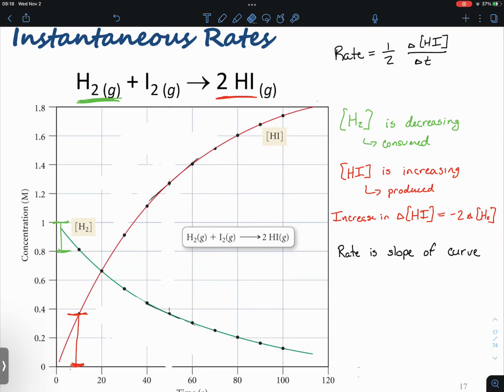And so we can measure the rate of this reaction at each point along this curve by figuring out what the slope is. So measuring the change in concentration that occurs, that would be this right here. This is how my concentration is changing.